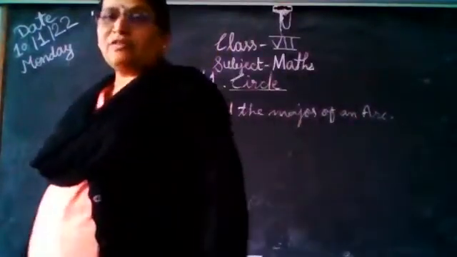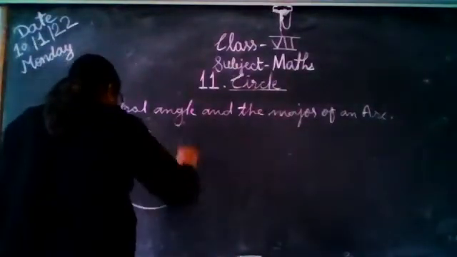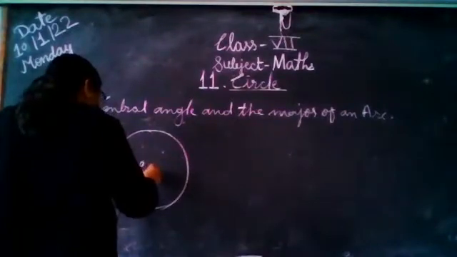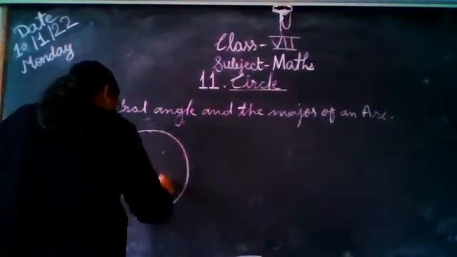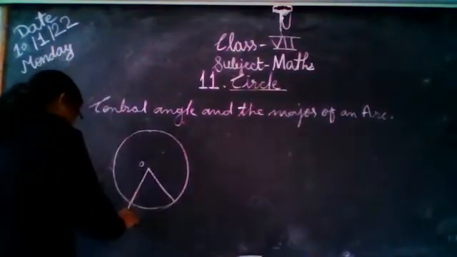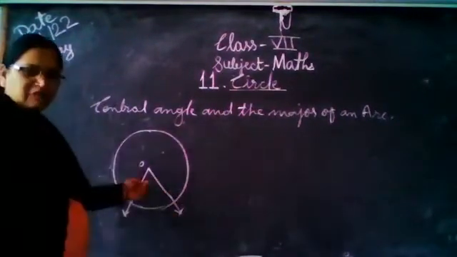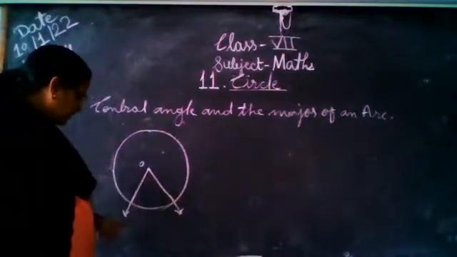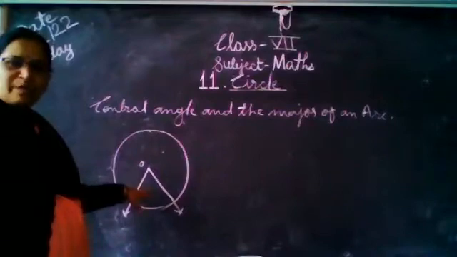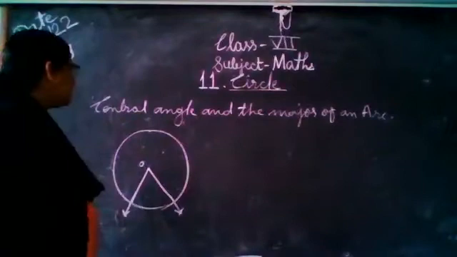It is the center O, and here you can say the angle formed by the two radii. But here you can say there are two rays. Or if the angle is formed by the two radii on the vertex, it is known as vertex angle.